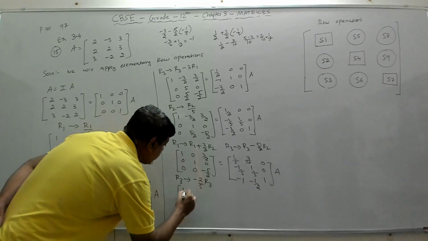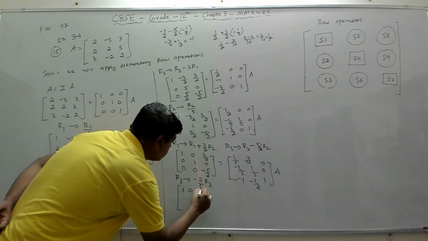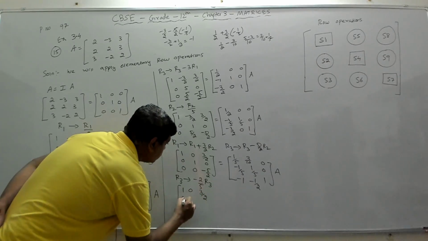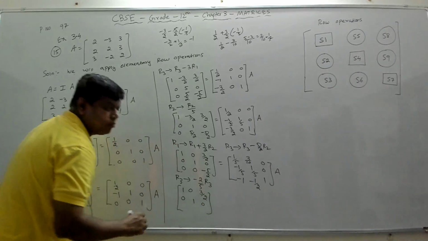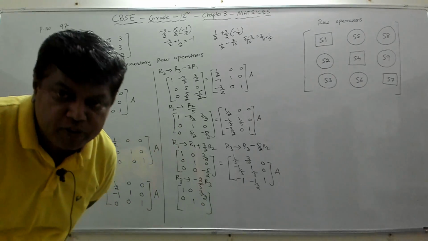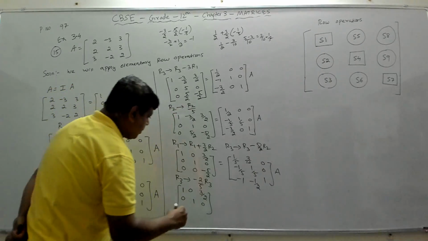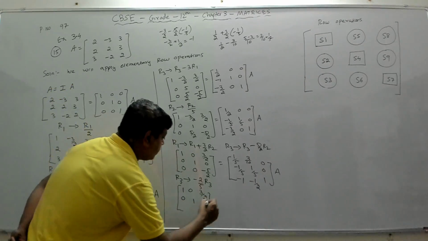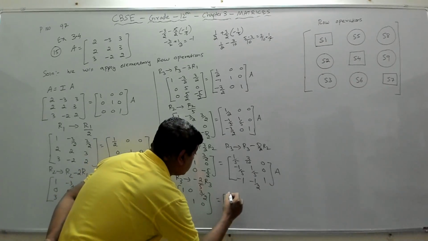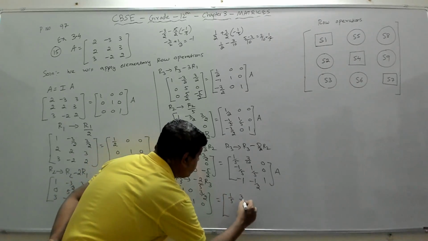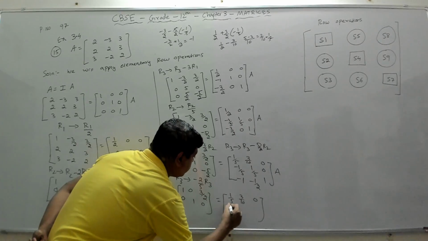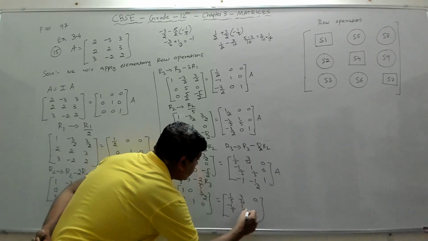This will become 1, 0, 3 by 2, 0, 1, 0. I am writing the first two rows as it is. Here also the first two rows, which is 1 by 5, 3 by 10, 0, minus 1 by 5, 1 by 5, 0.